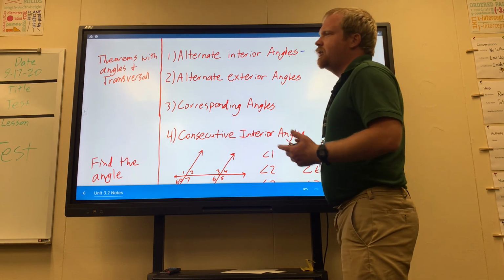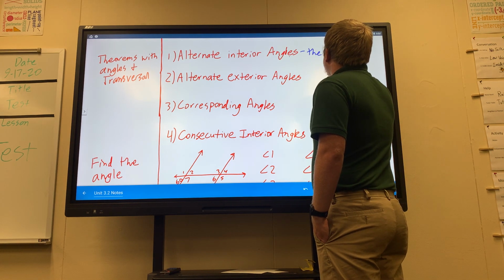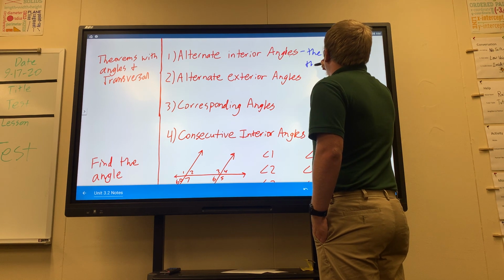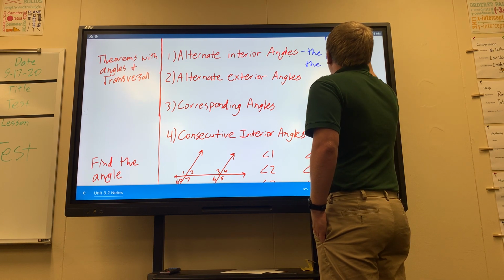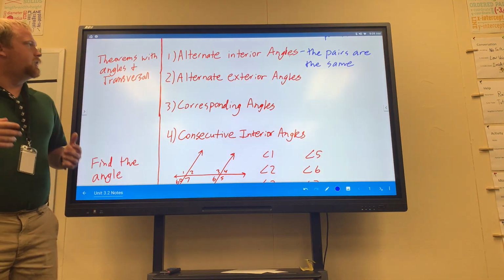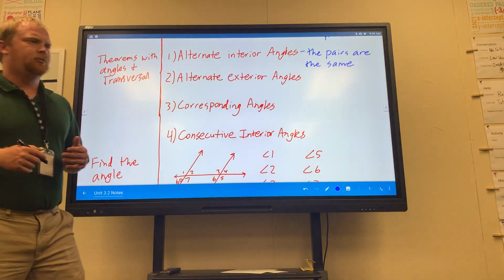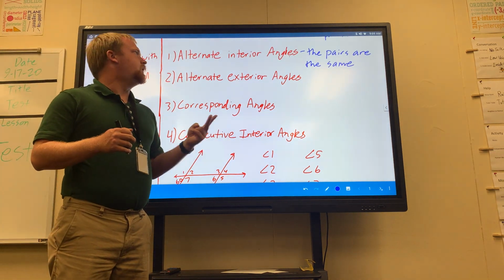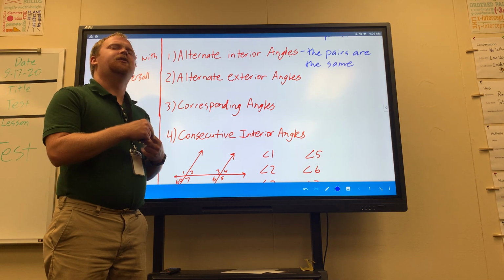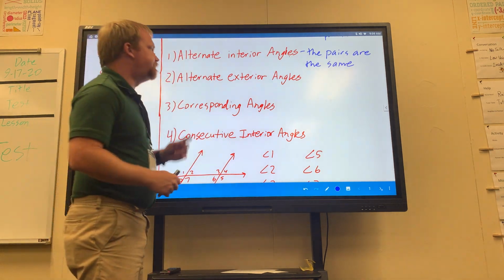Well, for alternate interiors, the pairs are the same. So any time that I look for or find alternate interior angles, the angles are the same measurements. So for example, if I have two pairs of alternate interior angles and one of them is 61 degrees, well, I know the other one's going to be 61 degrees, given that the two lines are parallel.